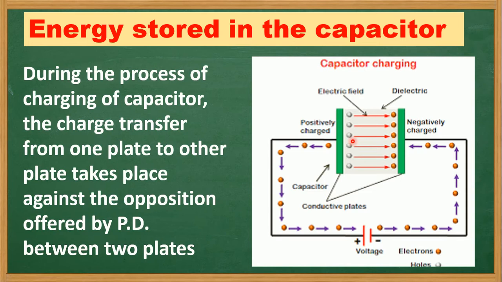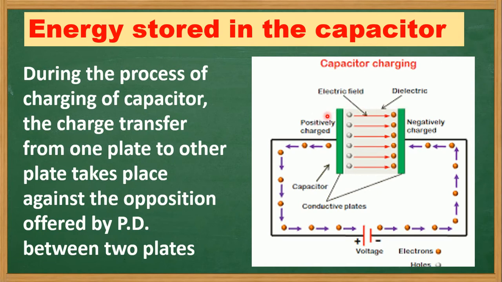The charge transfer from one plate to the other plate takes place against the opposition offered by the potential difference between the two plates. Means what? See, when the capacitor is charging, one plate is at a positive potential and the other plate is at a negative potential. Now you can see here minus q charge is accumulated and here plus q charge is accumulated.